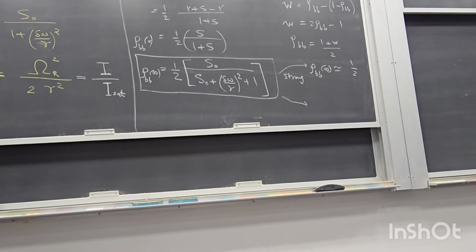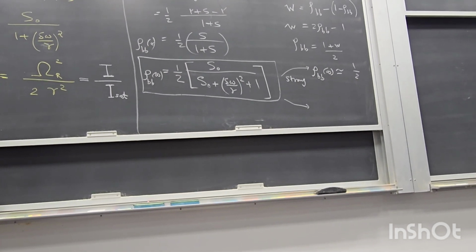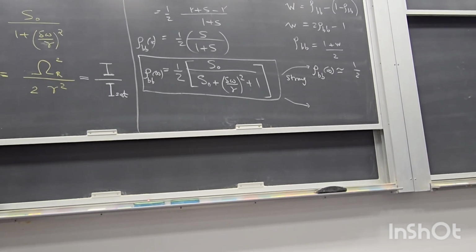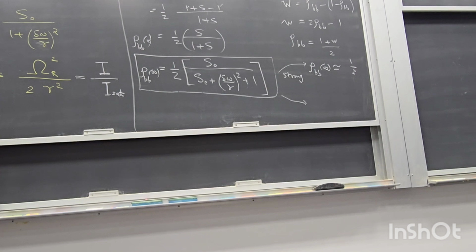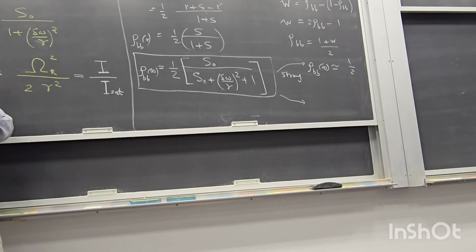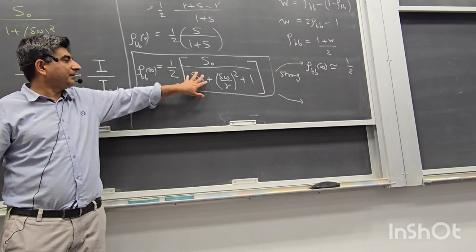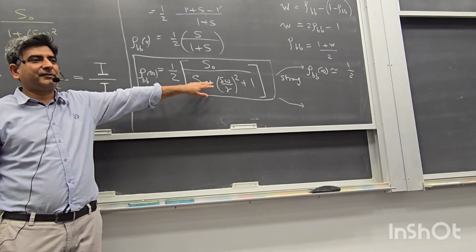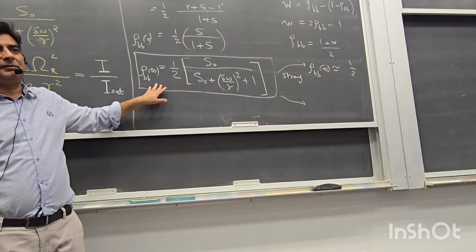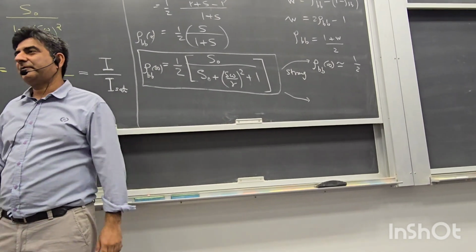Zero. So rho BB becomes 0. So in the exact opposite limit, if S naught approaches 0, this becomes 0, whatever is in the denominator doesn't matter, and rho BB becomes 0. There is no excitation whatsoever.